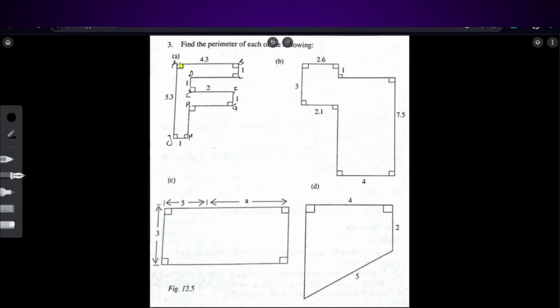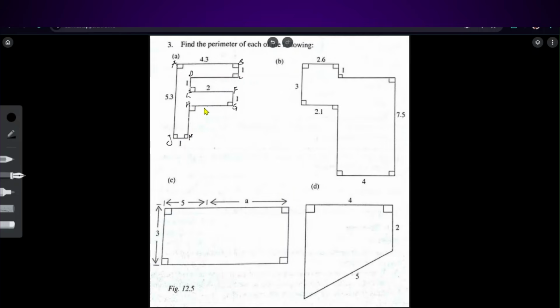It is the distance from A to B, then B to C, then C to D, then D to E, EF, FG, GH, then I, then J, then going back to A.